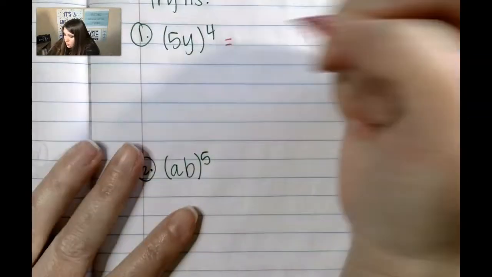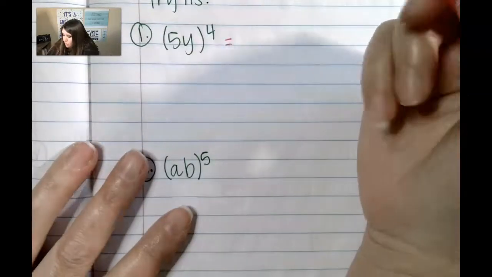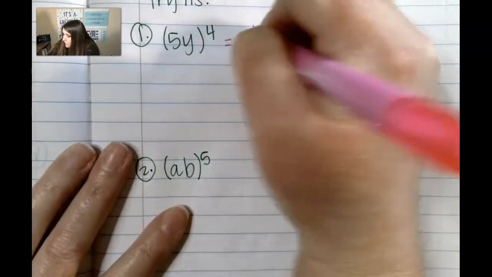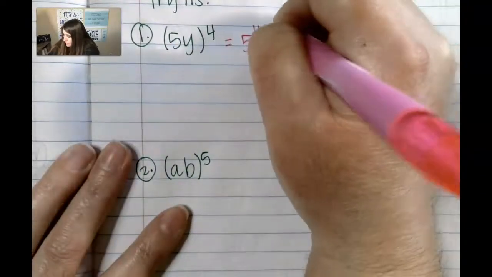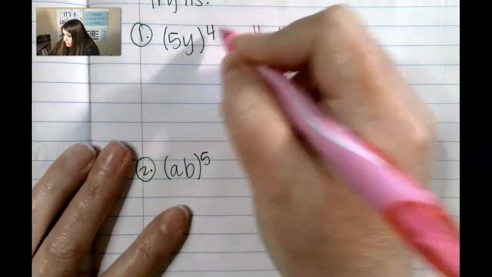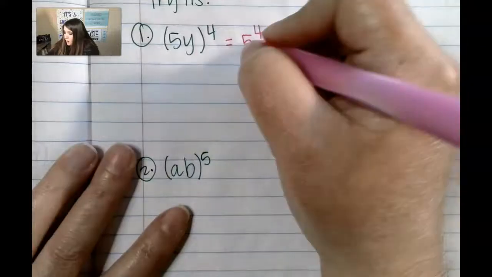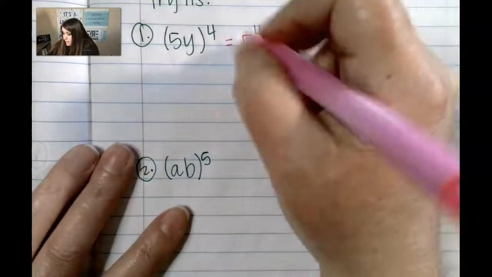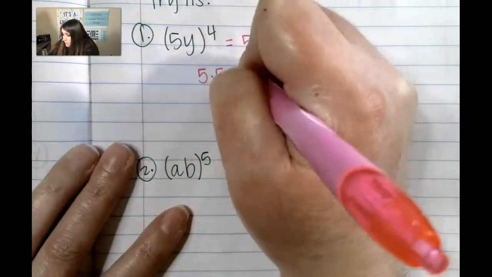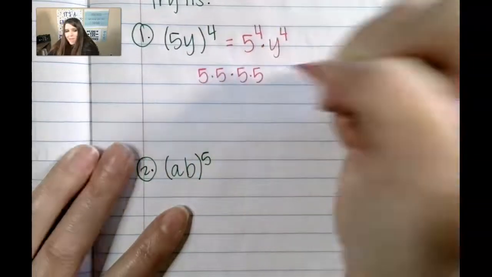All right, so the power of a product says that I need to find first the power of each factor. So this is like saying 5 to the 4th, y to the 4th. Now I'm going to multiply out the things that I can multiply. So 5 times 5 times 5 times 5.